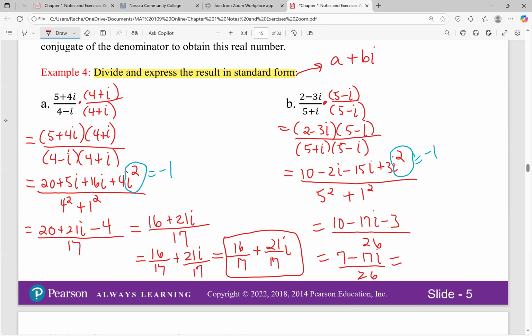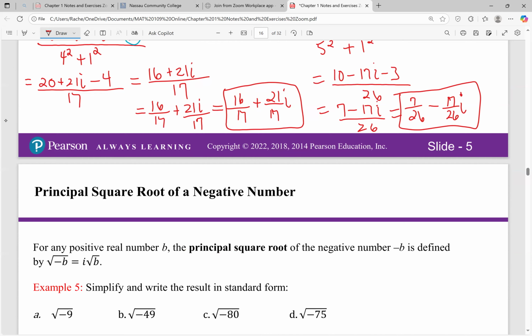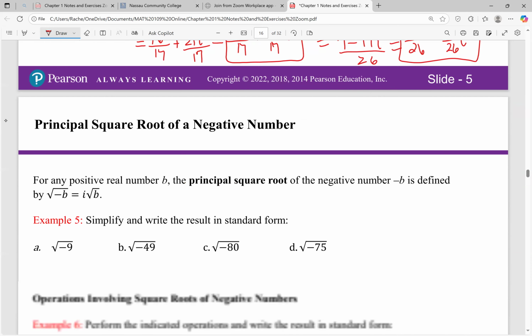So I'm going to get 7 over 26 minus 17 over 26 times I. And that would be my complex number in standard form. So that's how we divide complex numbers. Make sure you multiply the numerator and the denominator by the conjugate.